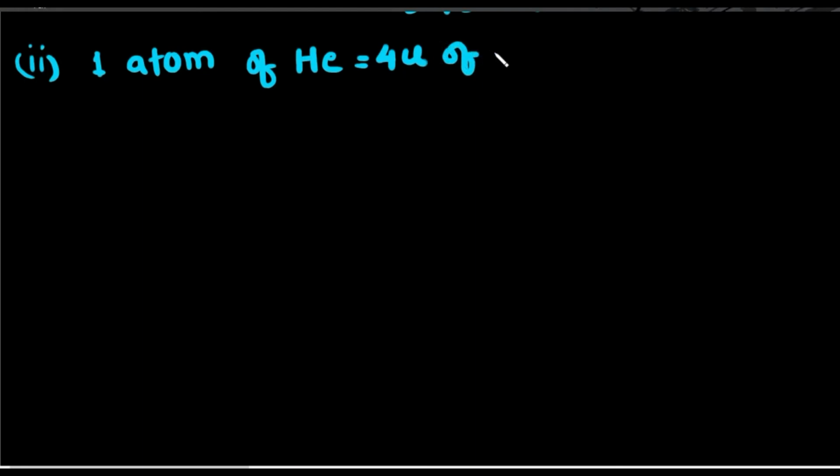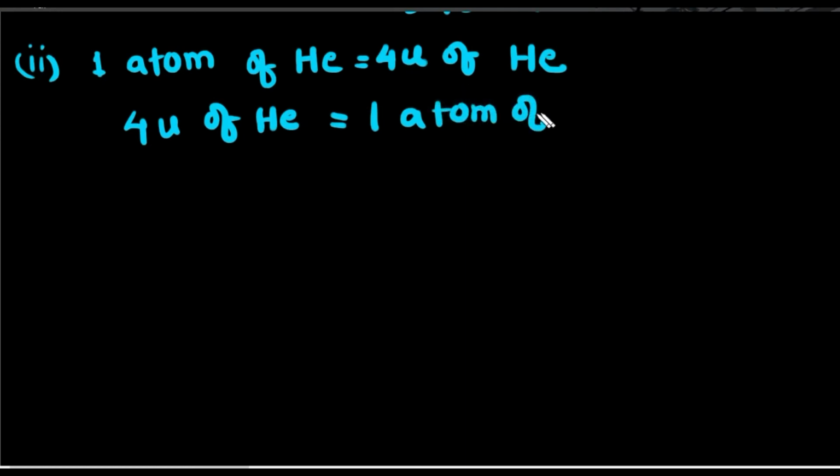We know that 1 atom of helium is equal to 4 unit, or 4 u of helium, that is atomic mass unit. 4 atomic mass unit of helium is equal to 1 atom of helium.